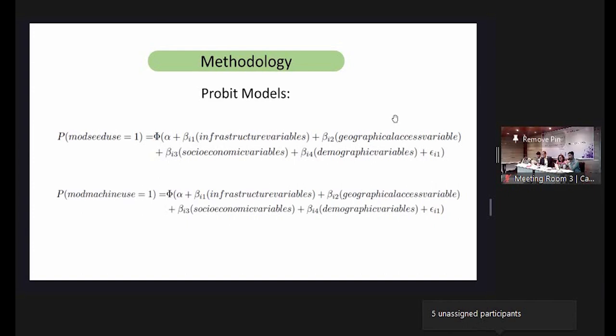And third, we wanted to observe the probability of technology adoption with the explanatory variables. As this is a probit model, there must be a threshold, and we have considered the net expected utility as the threshold of this model. We have run separate regressions of modern seed use and modern machine use with the same variables mentioned earlier.